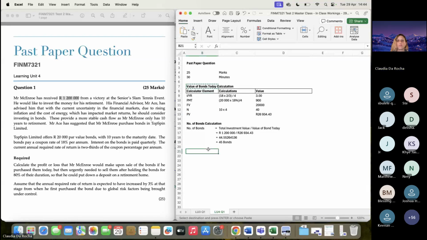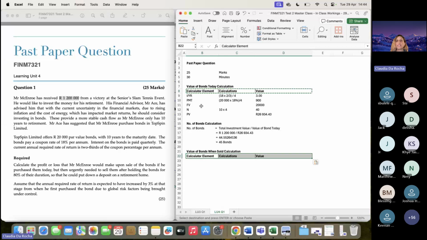Okay. So when he sells his bonds now, 80% of the time has gone. Okay, and the interest rate has changed.